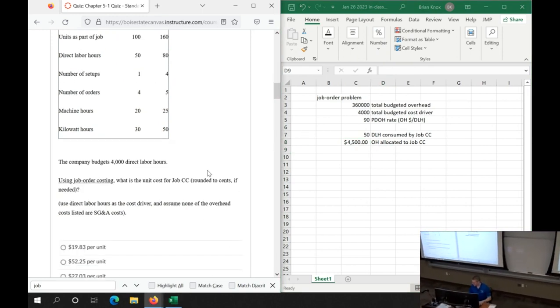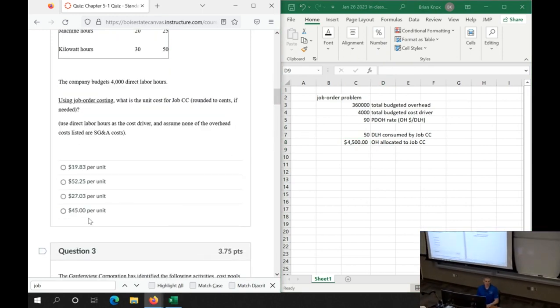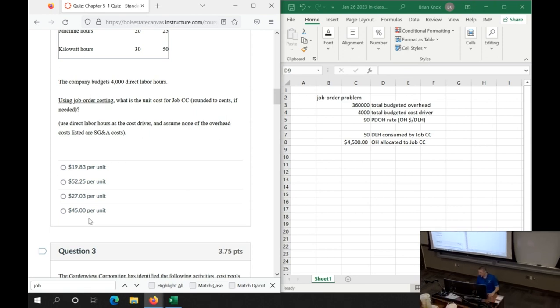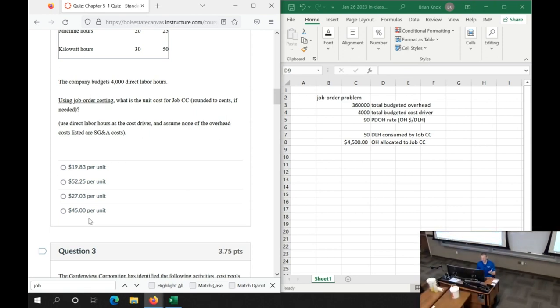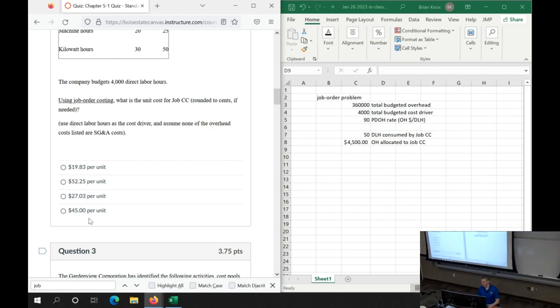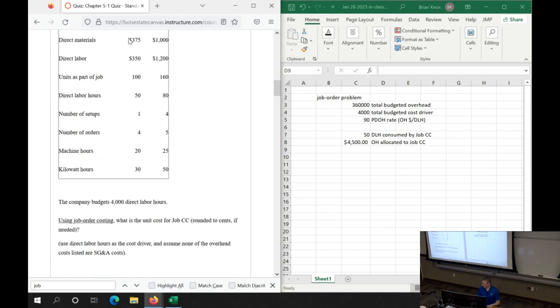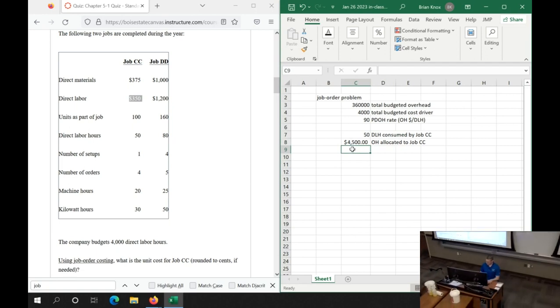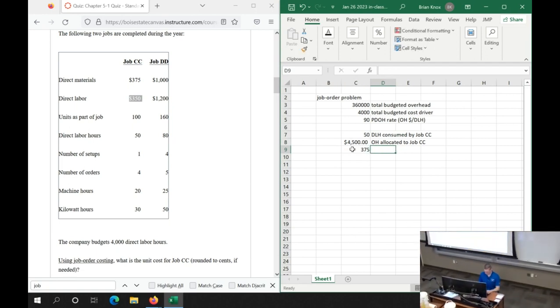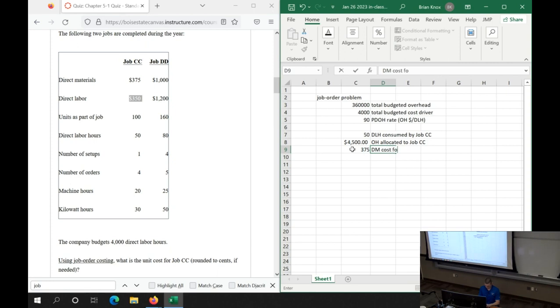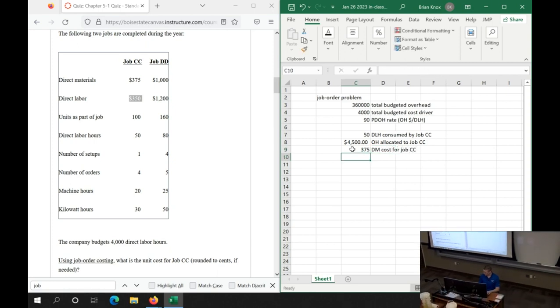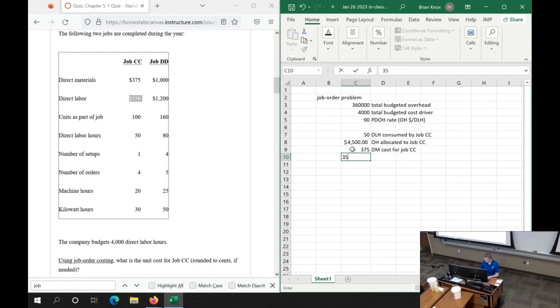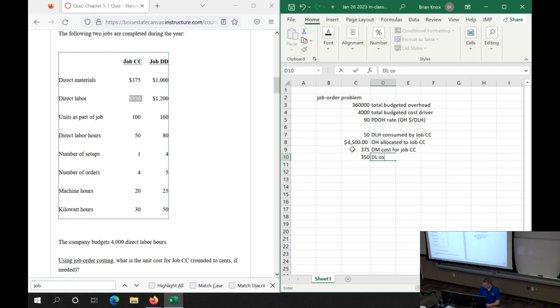Now, I bet $45 is an answer here, and you're like, we have $4,500 of overhead in job CC, 100 units. The unit cost must be $45. You missed the fact that we have some direct costs also that are traceable to job CC. So you have to include those as well. We have $375 direct materials cost for job CC, and we have $350, which is the direct labor cost for job CC.